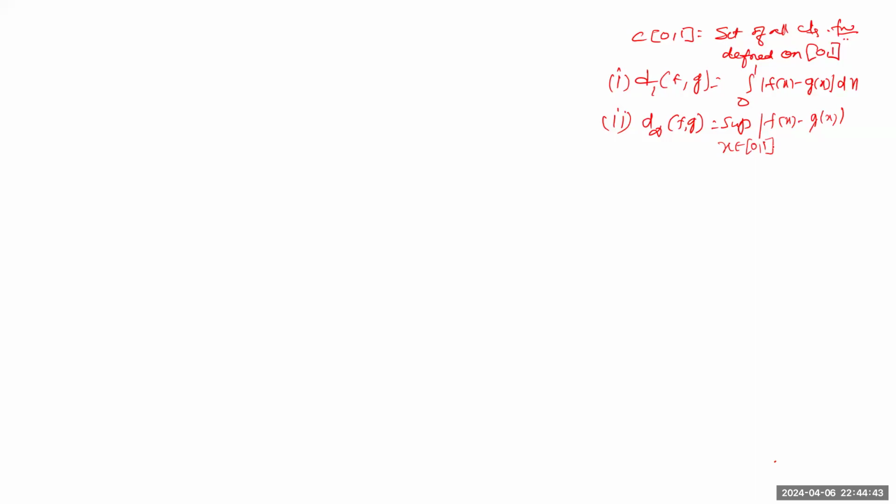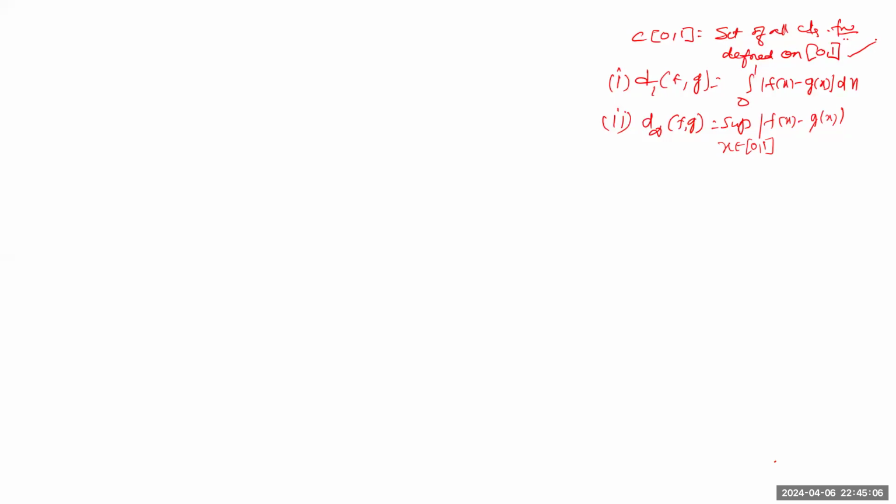So these are my two metrics on my space X equal to C of 0 comma 1, the set of all continuous functions defined on 0 comma 1. So what is my problem here?